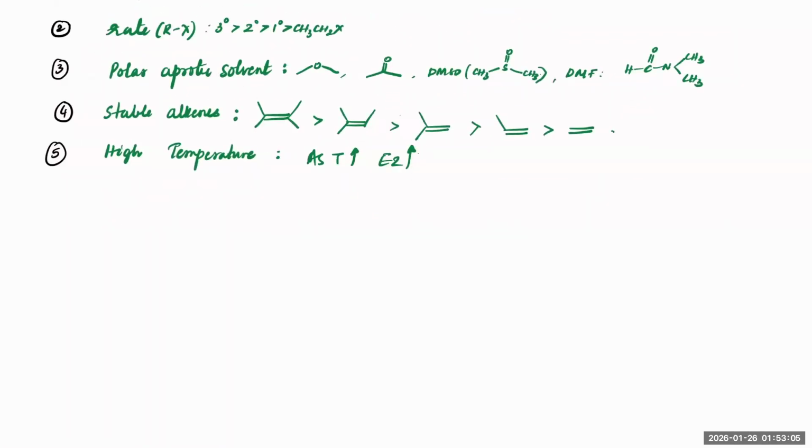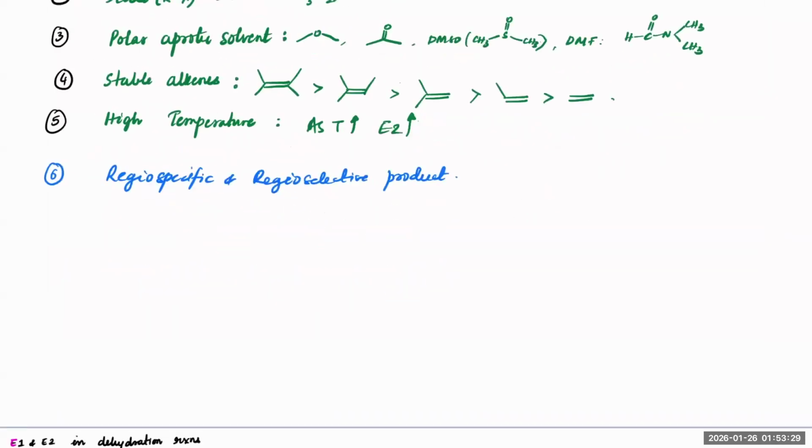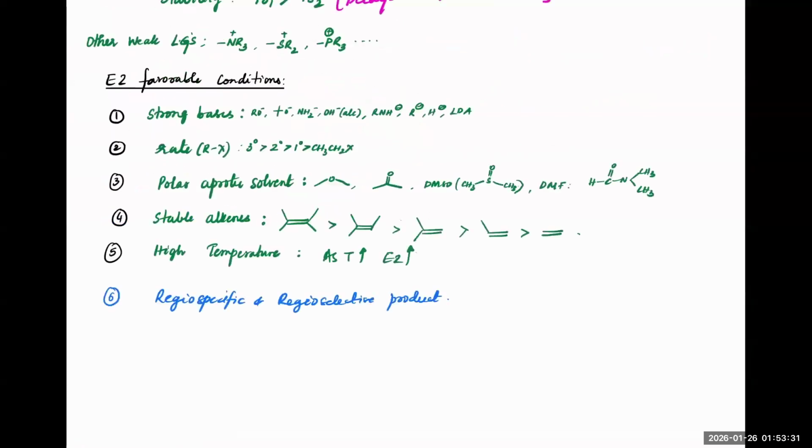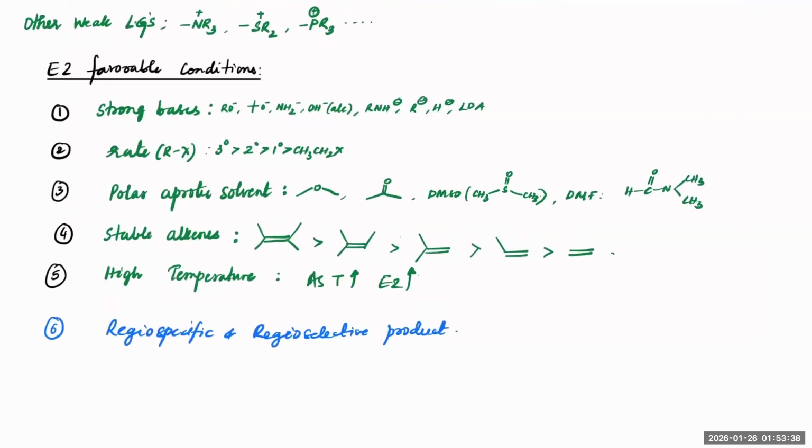One thing we learned, that sixth one, I'll just put down. So it is regiospecific and regioselective product formation. So these two is what we have noticed. The E2 main points I have covered. I hope you guys understood what's happening with E2 mechanism.